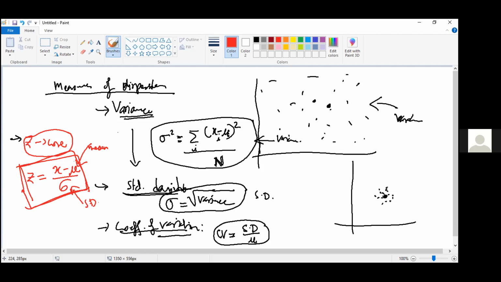Instead of calling it a measure of dispersion, it actually transforms the data. But it comes under the category of measure of dispersion as well, because it tells you about the spread of data around the mean in terms of deviation, somewhat like coefficient of variation, but it shows the effect on each and every data. It transforms each and every data in the set.